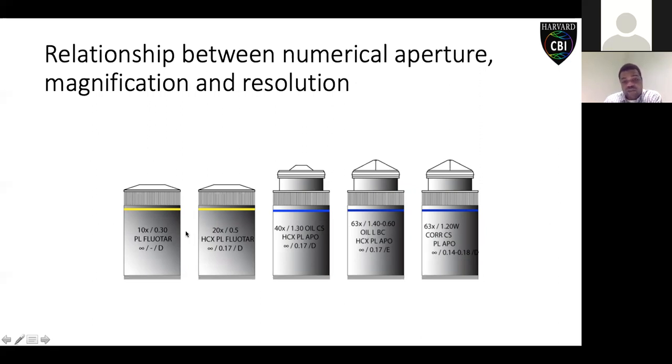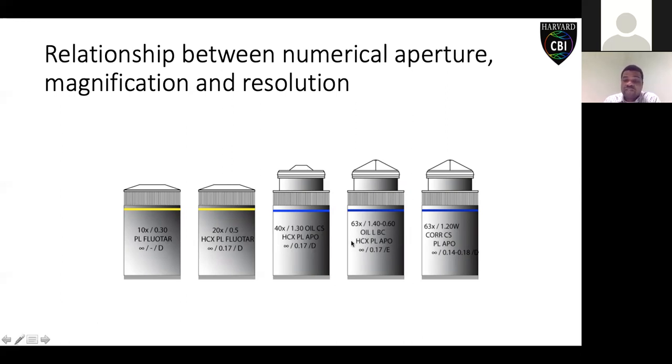Historically or traditionally, as the magnification gets higher, your numerical aperture also gets higher. So there is this proportionality relationship that tells you that as you get to higher magnification, you are going to get a better resolution, and therefore you'll be able to separate your various features in your image.